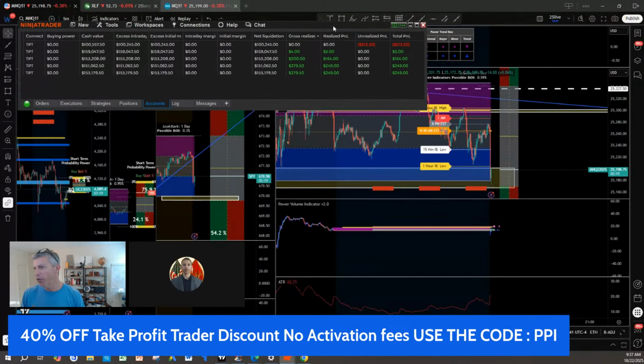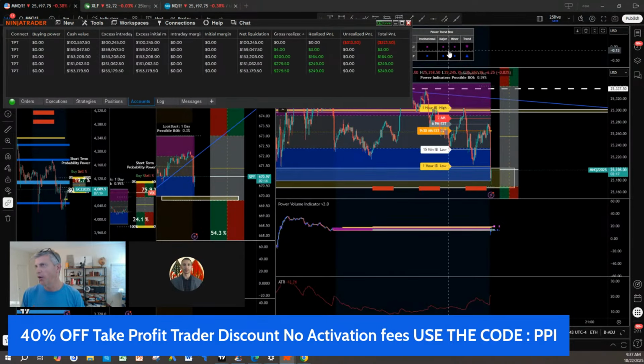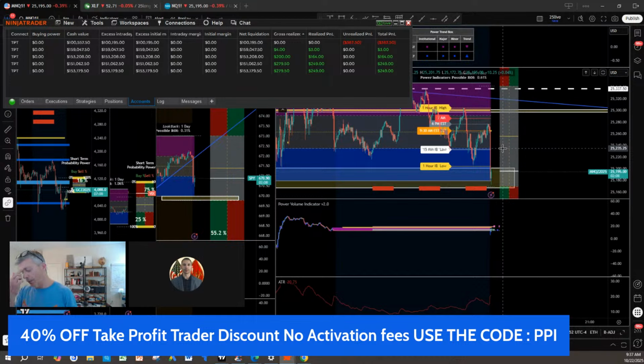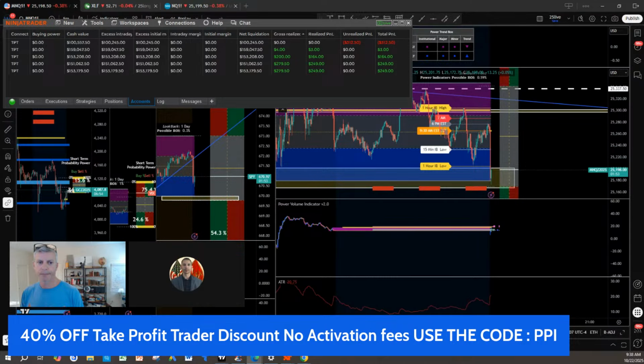And look, the power trend box is trying to change here. It went from up to sideways to down. Yeah, I would be careful chasing the short now. Well, we came close to the red dash and kind of tested that. So I'd be more looking for a long setup at this point, to be honest with you.